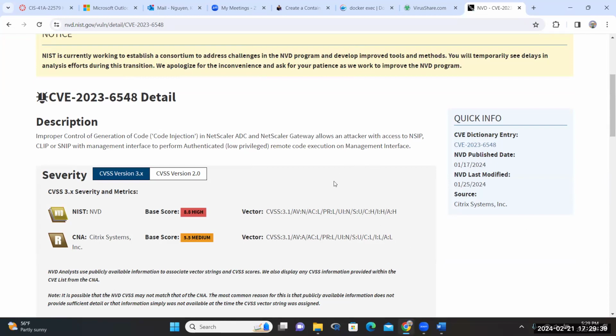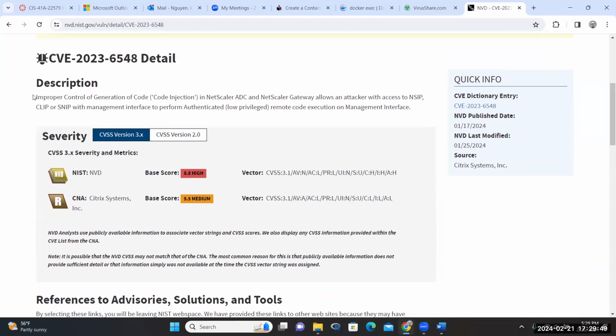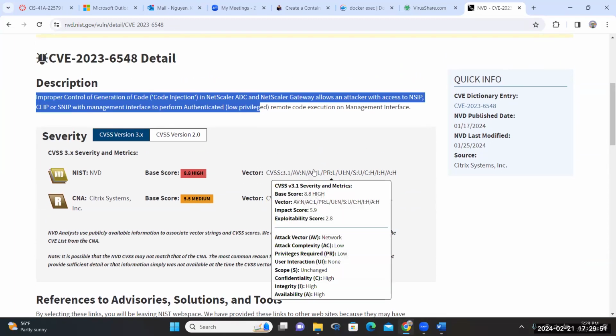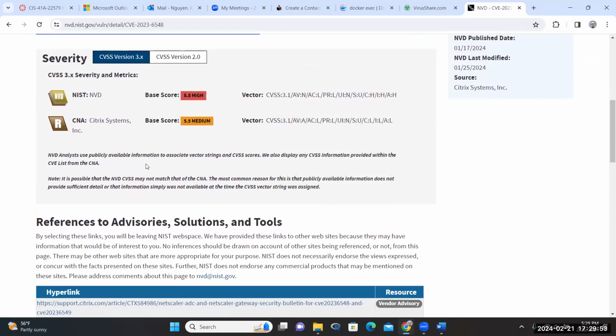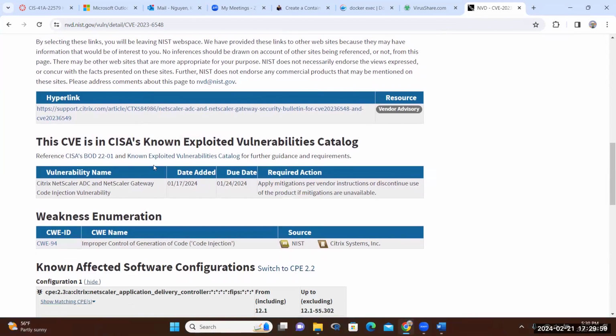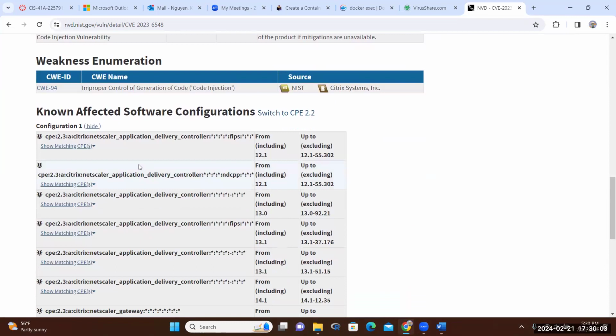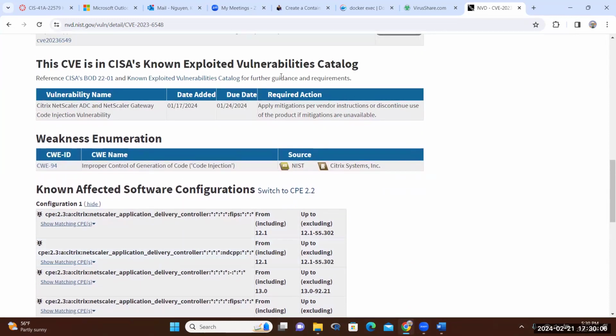And as you can see, some of these, if they've been available for a while, are going to have a base score. Okay. So there's a general description, and that could vary from one to the next one that you pick. So there are different ones that you can find.